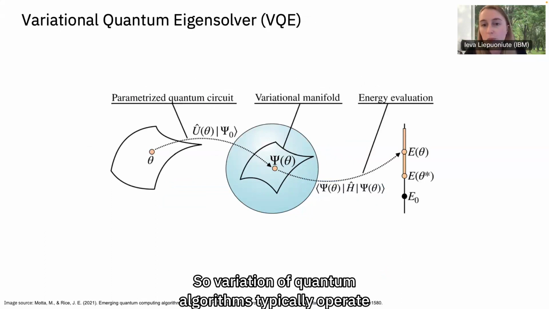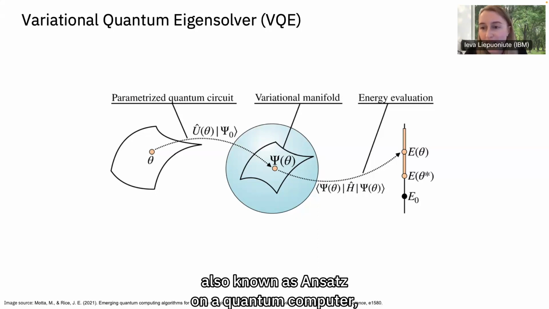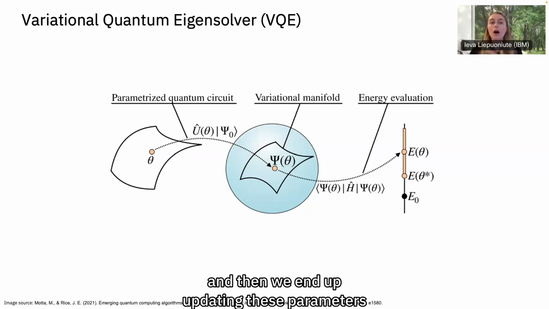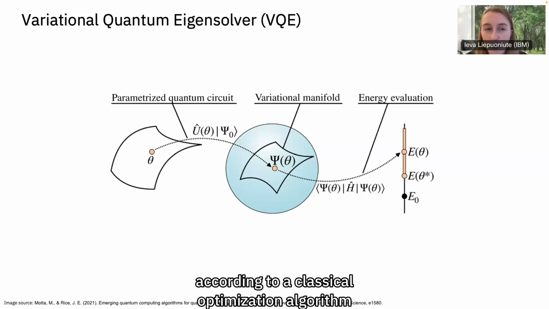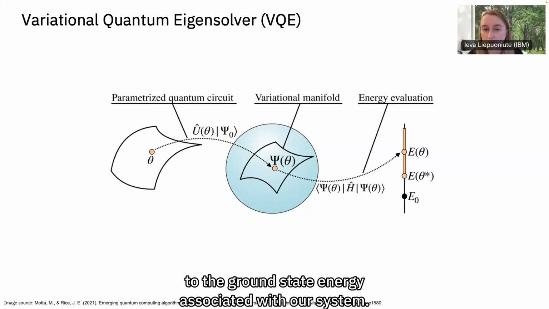So variational quantum algorithms typically operate by preparing the parametrized trial state, also known as Ansatz, on a quantum computer, executing our circuit, measuring the obtained state, and then we end up updating these parameters according to a classical optimization algorithm to really make sure we are converging to the ground state energy associated with our system, okay?